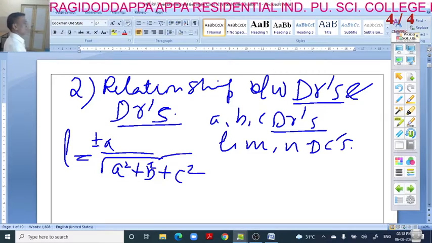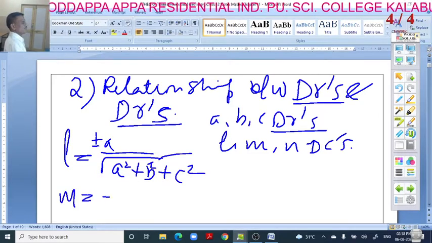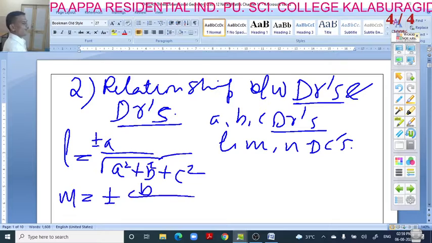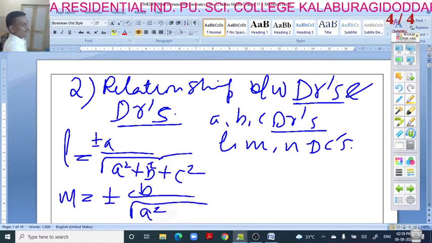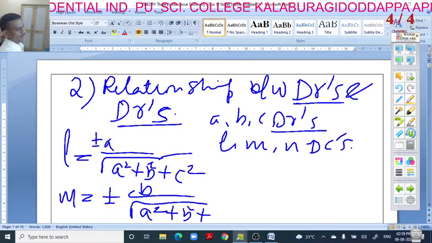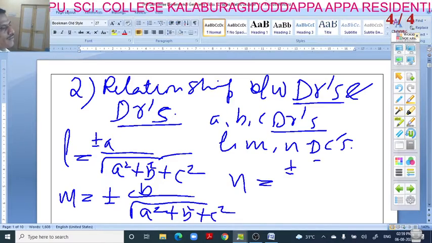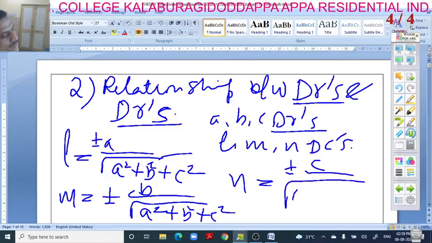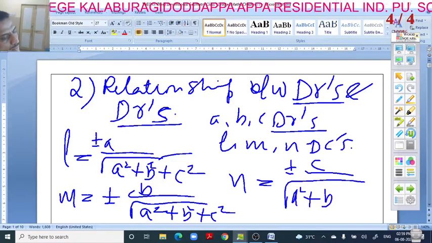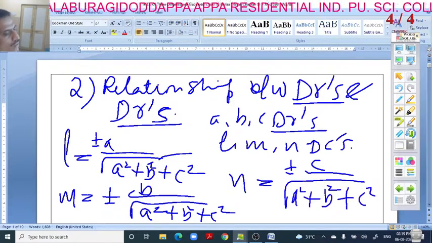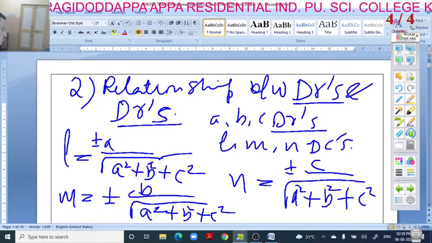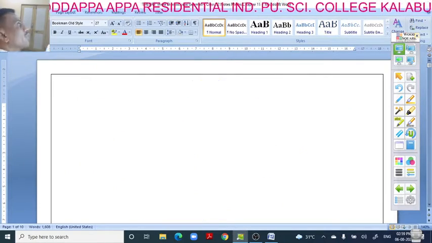This is the first relation. m is equal to plus or minus b divided by square root of a square plus b square plus c square, and n is equal to plus or minus c divided by square root of a square plus b square plus c square. So this is the relationship between direction cosines and direction ratios of a line.